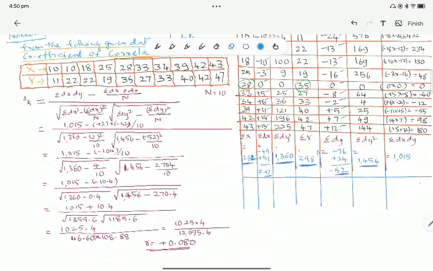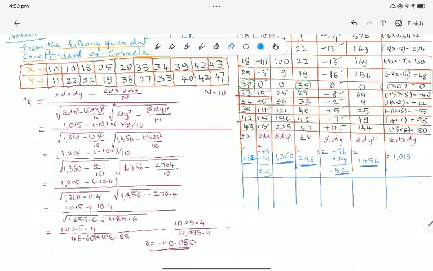In the next step we have to add the numerator values, 1015 plus 10.4, which becomes 1025.4, all divided by the denominator, under root of 1359.6 into under root of 1185.6. Before multiplying these two, first we have to calculate each square root value.